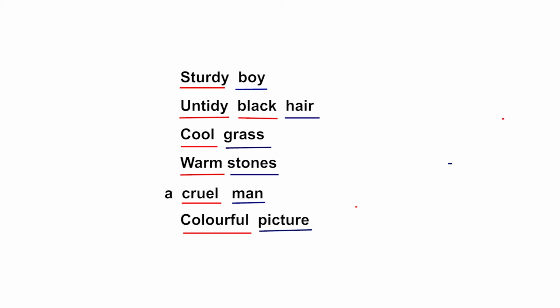Okay? In this group, the adjectives or describing words are added just before the noun. I think all of you got the point. Here in this list, the adjectives are used before the noun. Now look at the second list.